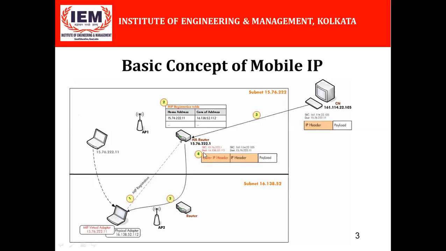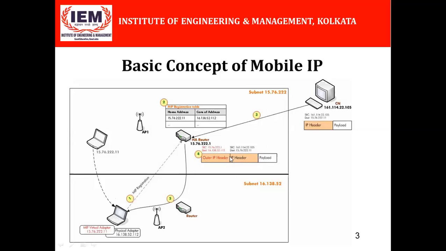The source address and destination address. Now, who is the source address? The source address is now the home agent address. And who is the destination address? The destination address is the current IP address of the mobile node. So all this information will be present under this outer IP header, and all the IP header information, including the payload, is sent under a single packet.